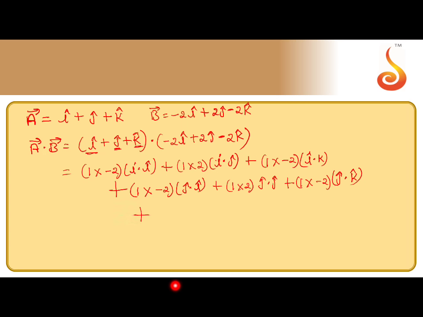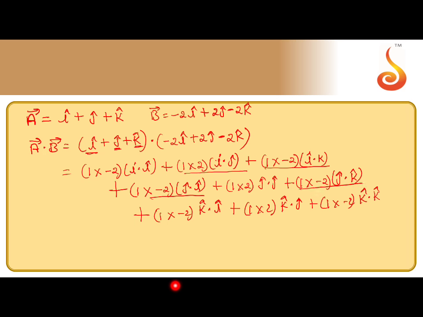Plus, now multiply the second vector with the coefficient of k: 1 into minus 2 k dot i, plus 1 into 2 k dot j, plus 1 into minus 2 k dot k. In this, i dot j, i dot k, j dot i, j dot k, k dot i, k dot j terms will be equal to 0.